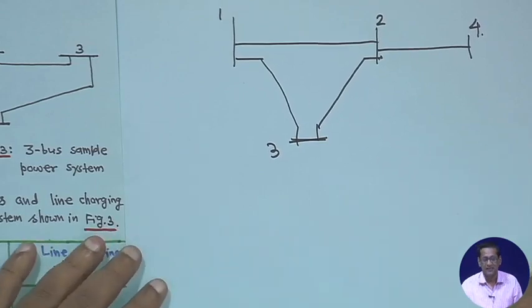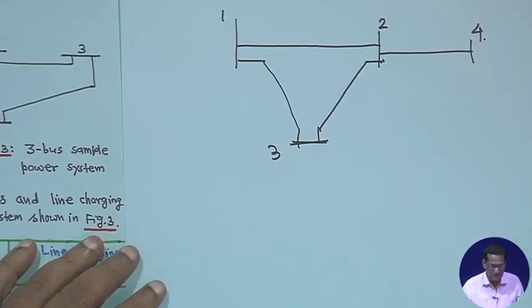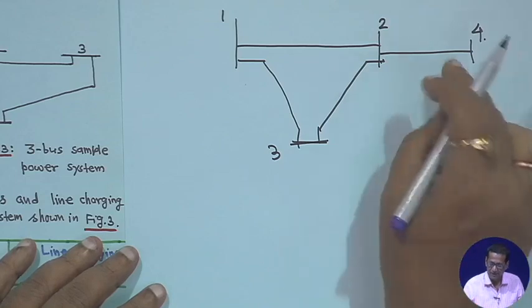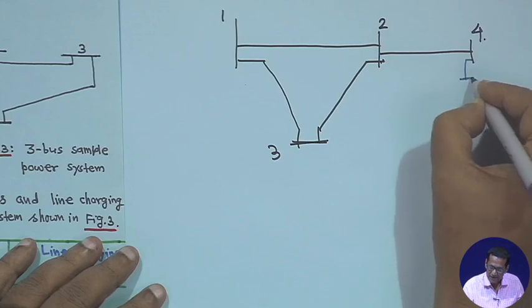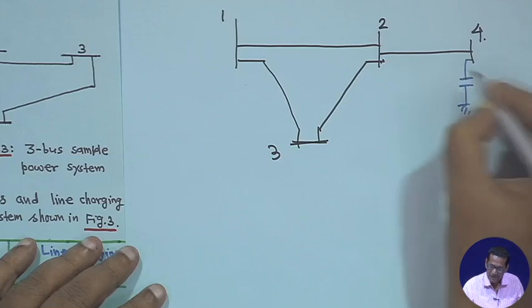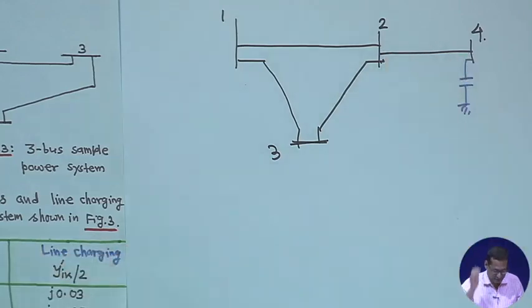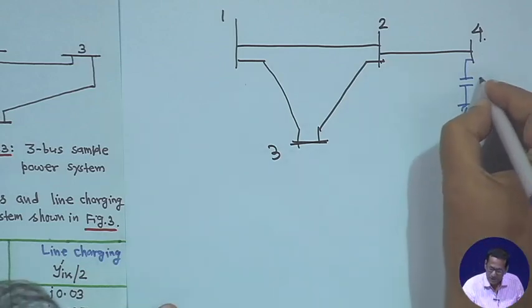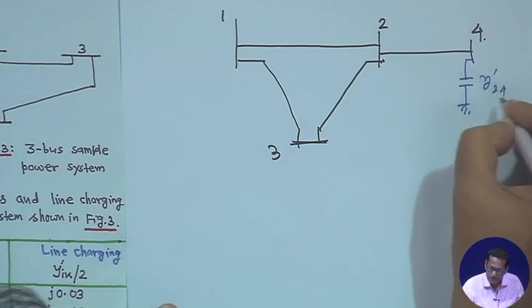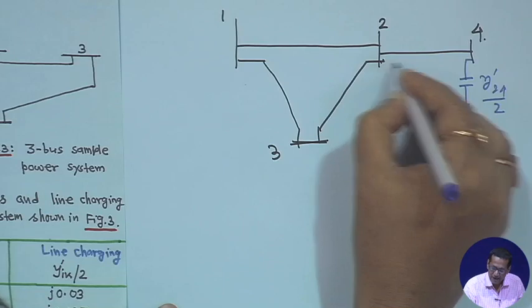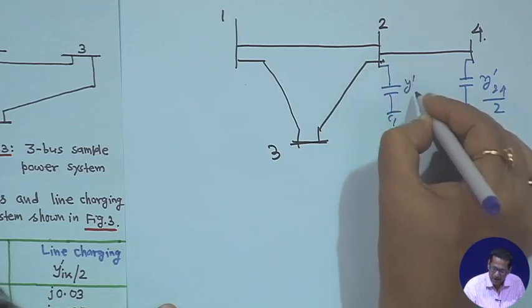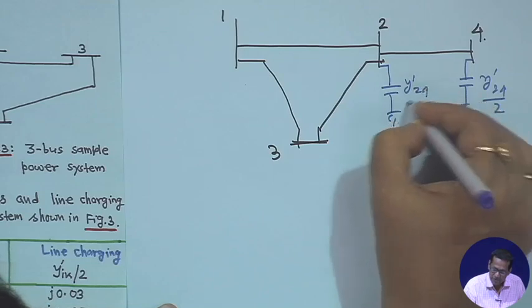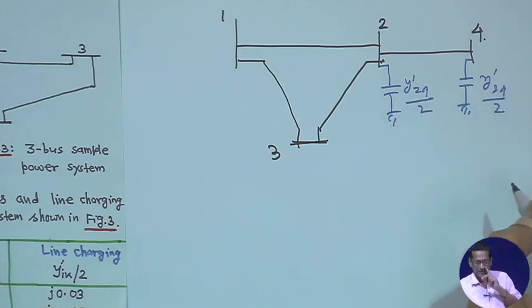In that case, this line has charging admittance. If you take this line 2 to 4, we can put y dash 2 4 by 2 on this side and y dash 2 4 by 2 on this side also.